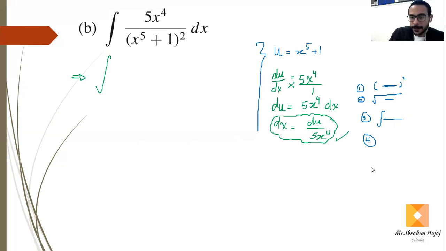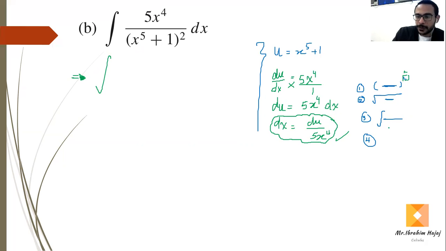Abdurrahman, complete. Mister, how do we know the u if it's not given? It's always inside parentheses raised to a power of n, or inside the radical.